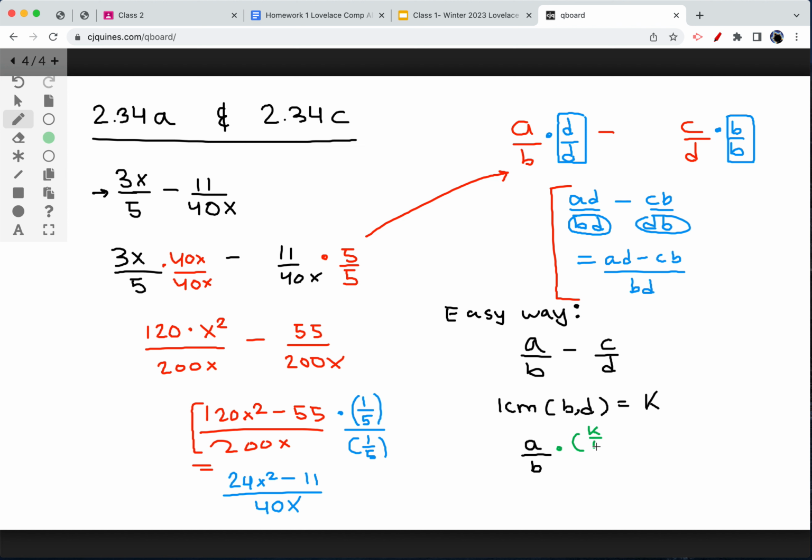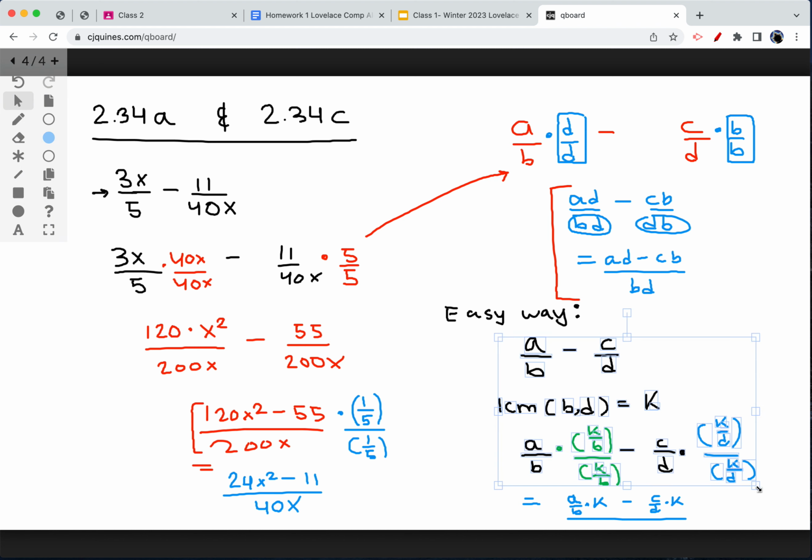So K over B divided by K over B, minus C over D times K over D over K over D. So then if you simplify this, this would just be (A/B times K minus C/D times K) all over K.